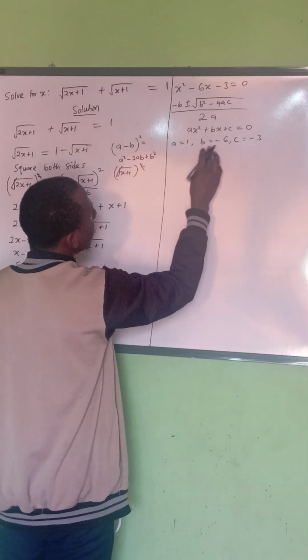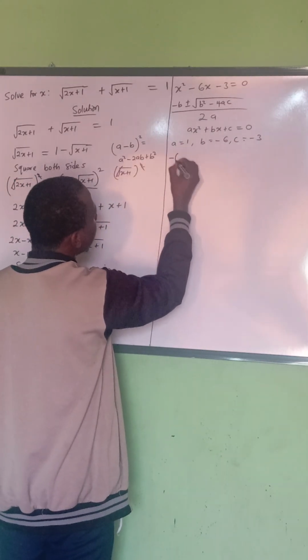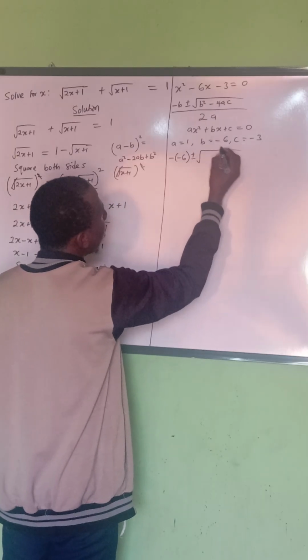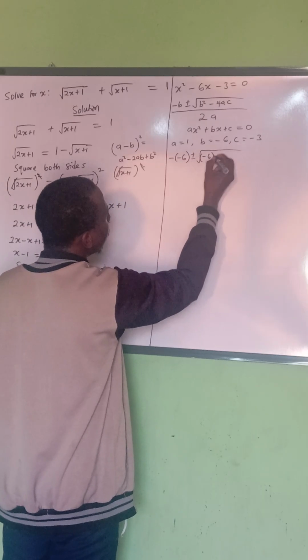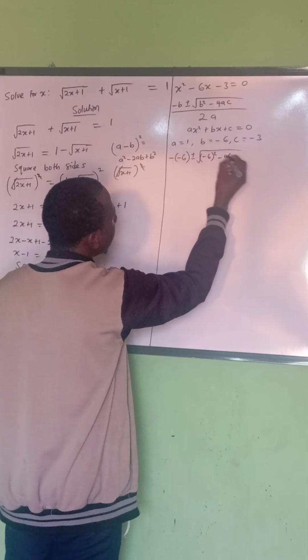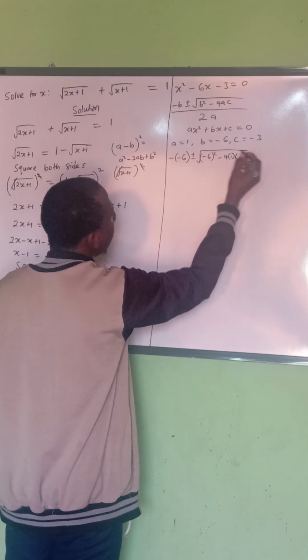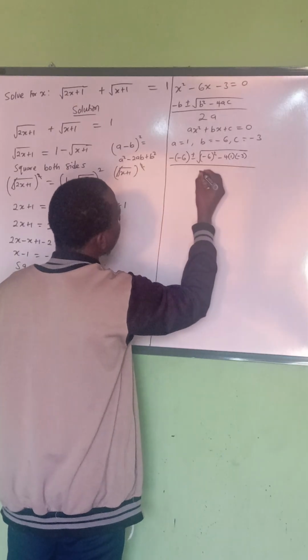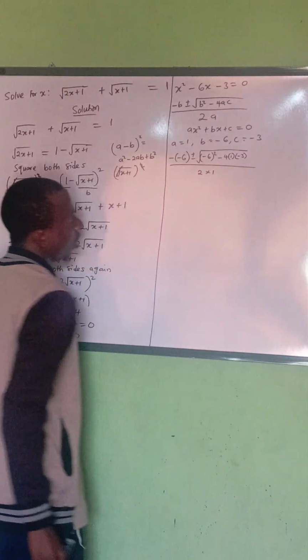Now, let's make the substitution. B now, we have it as minus 6. Minus times minus 6 plus or minus square root of b squared, that's minus 6 squared, minus 4 times a, which is 1, times c, which is minus 3, all divided by 2 times a, which is 2 times 1. I hope it's clear.